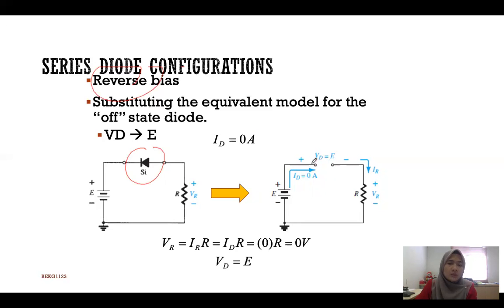So when you do KVL over here, no, you cannot, because this is already an open circuit. But you can determine VR. VR is IR multiplied by R. Since this is a series circuit, IR is the same as ID, and you know that ID is equal to 0. So when ID is equal to 0, VR is equal to 0.